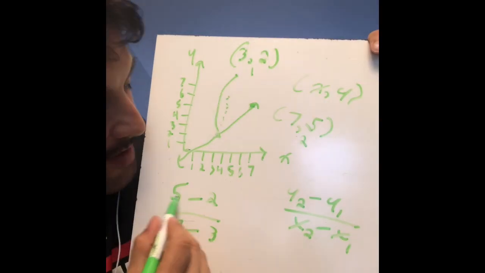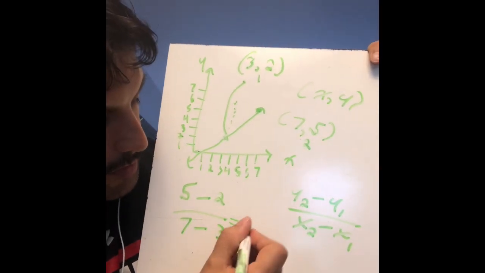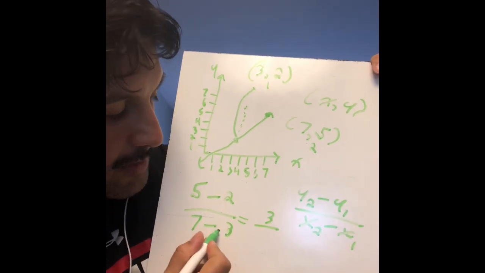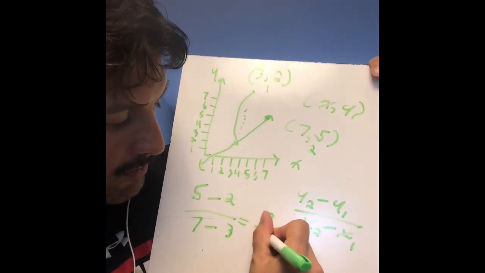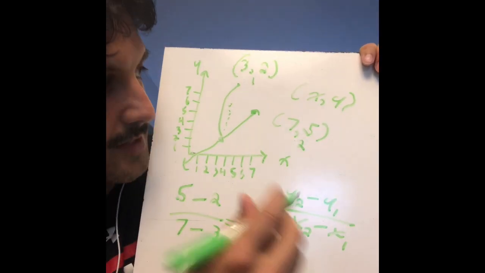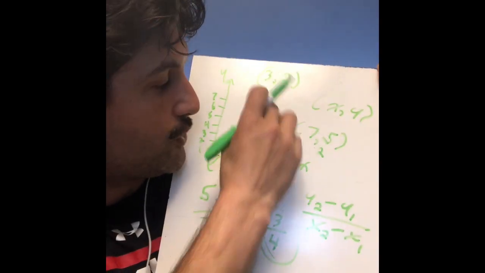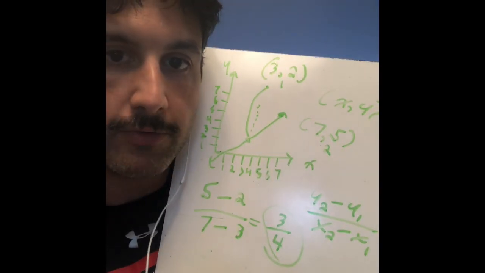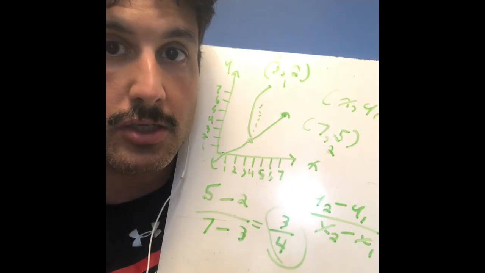So 5 minus 2 is 3. 7 minus 3 is 4. And I get 3/4, which is the exact same thing as when I visually looked at it, rise over run. It was also 3 over 4. Rise of 3, run of 4, and that gives us a slope.